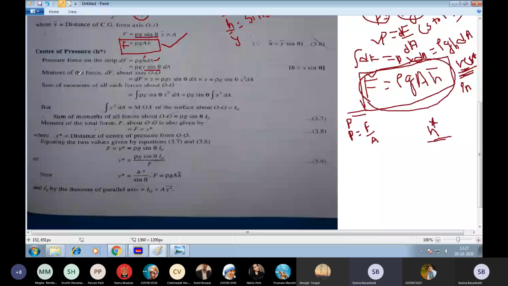Now, taking the moment of the force dF about the axis OO. Whenever you identify a moment, the moment is calculated by taking the product of force into distance, the distance of the force from a particular datum.